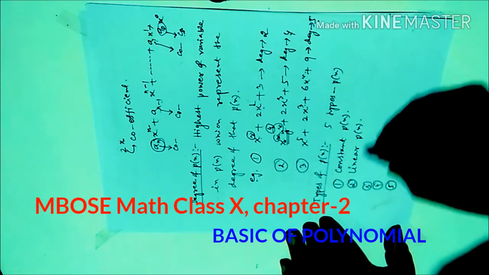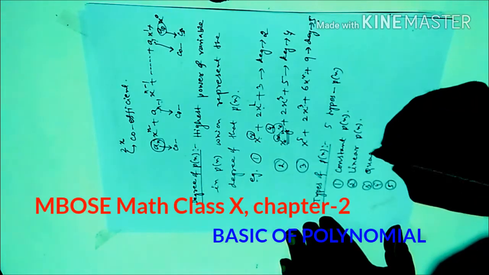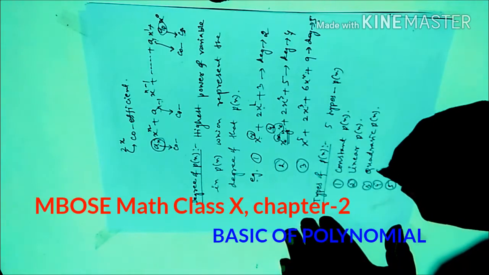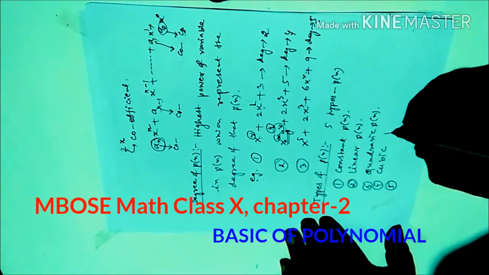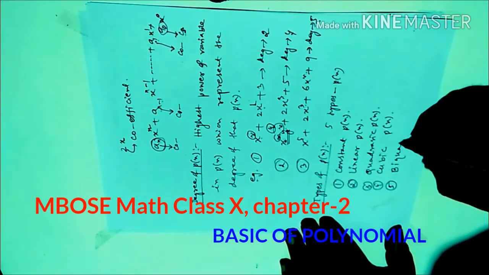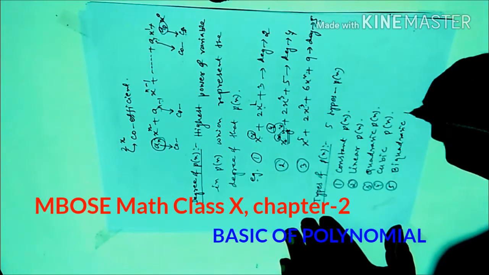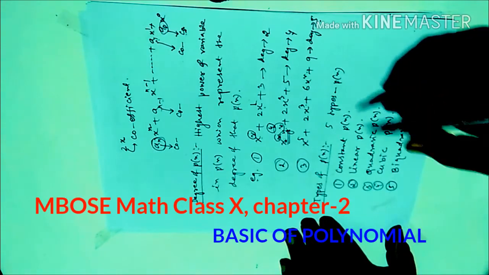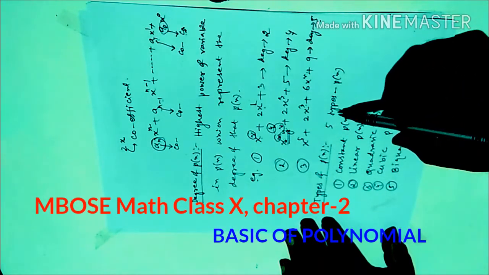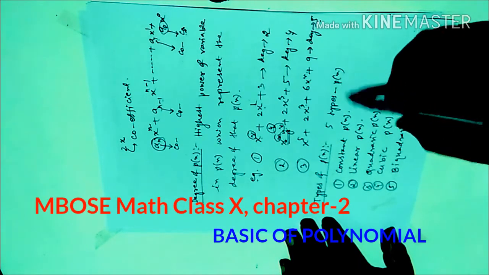Number 3 we call quadratic polynomial. Number 4 we call cubic polynomial. Number 5 we call bi-quadratic polynomial. So according to their degree, we can identify the types of polynomial.